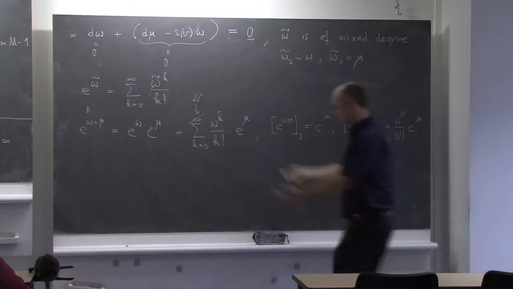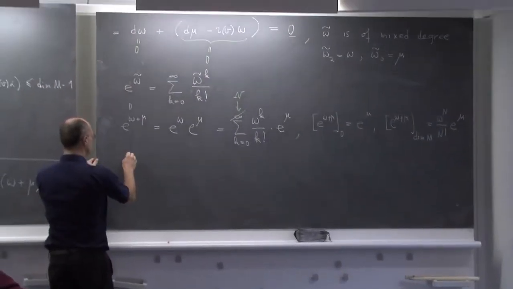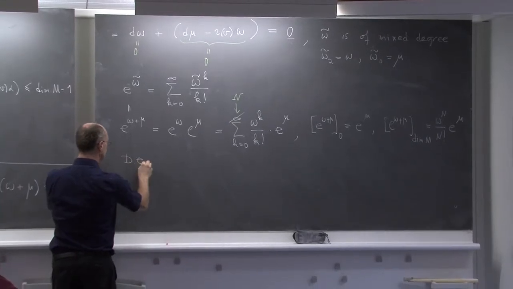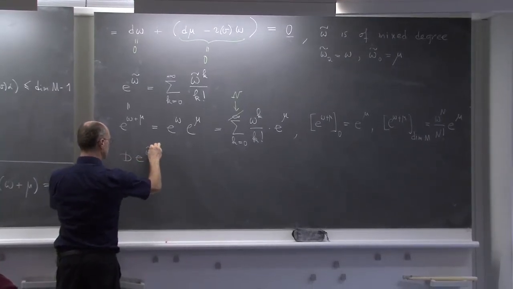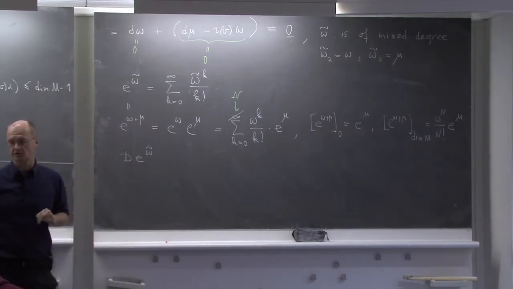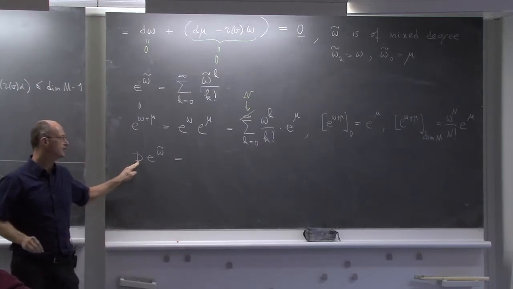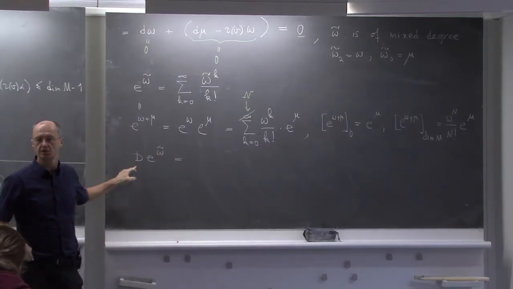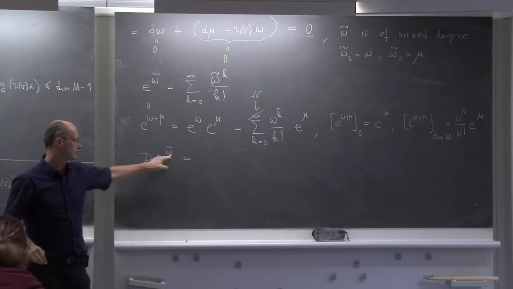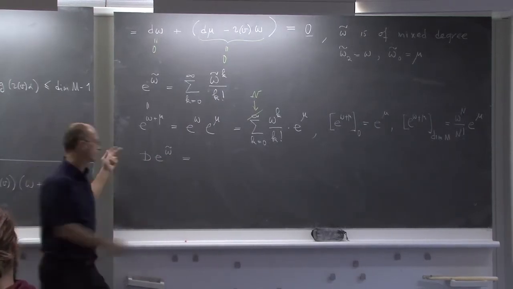Right. So there is this form of a mixed degree, and the claim is that d of this exponential of omega tilde vanishes. So this is because, recall, d is like a derivation. So we can simply apply the rules of ordinary calculus.